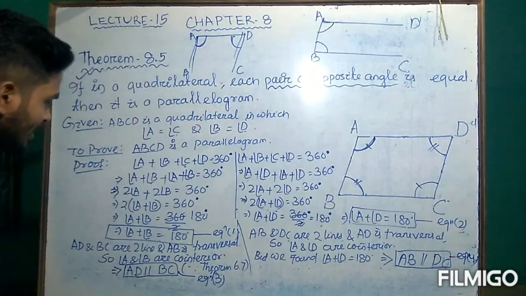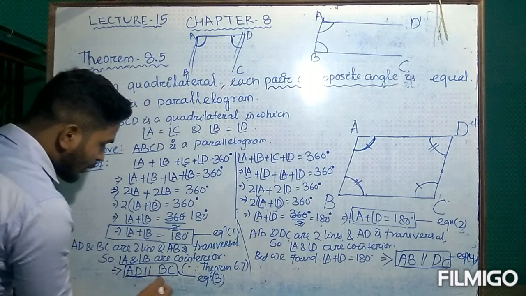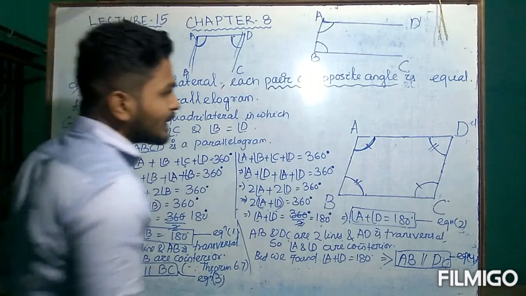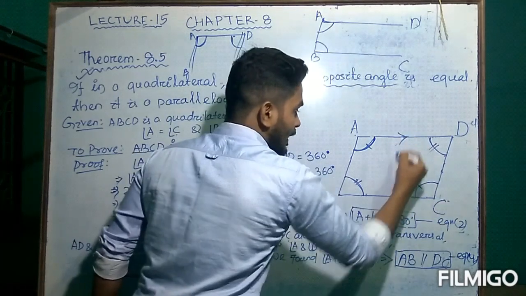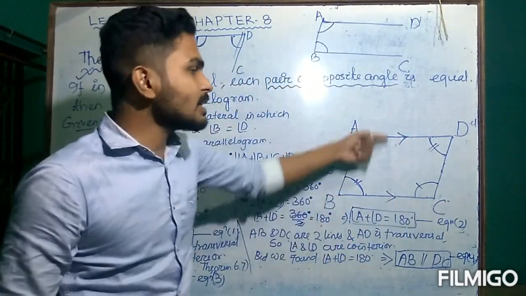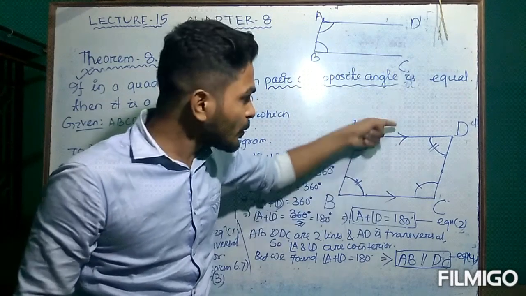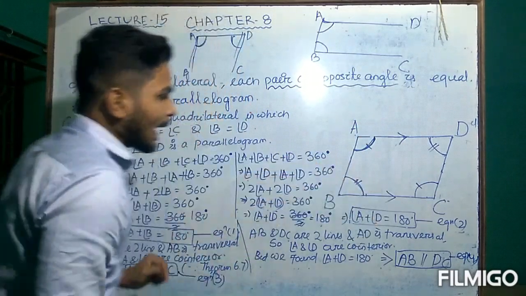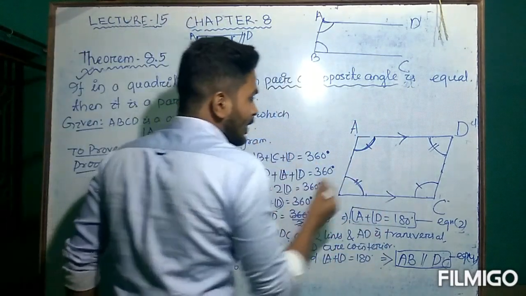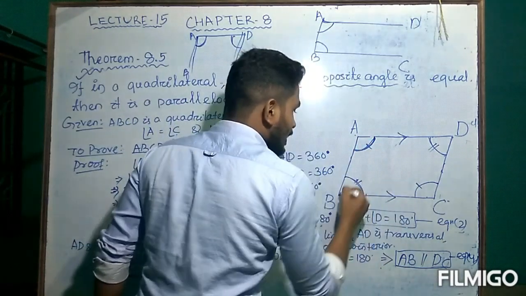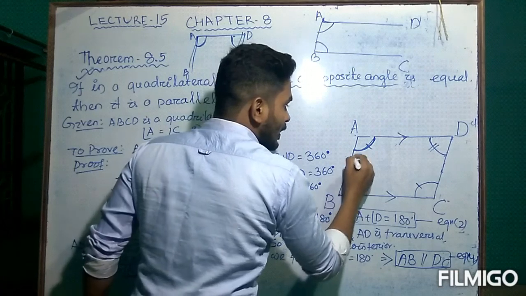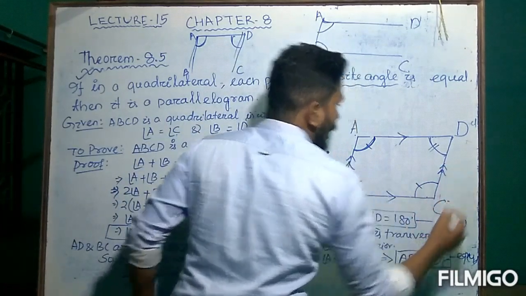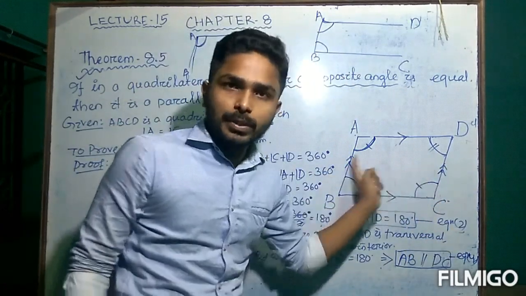From equation 3 we have got AD parallel to BC, and these two sides are a pair of opposite sides. And from equation 4 we have got AB parallel to DC, and these two are also a pair of opposite sides.